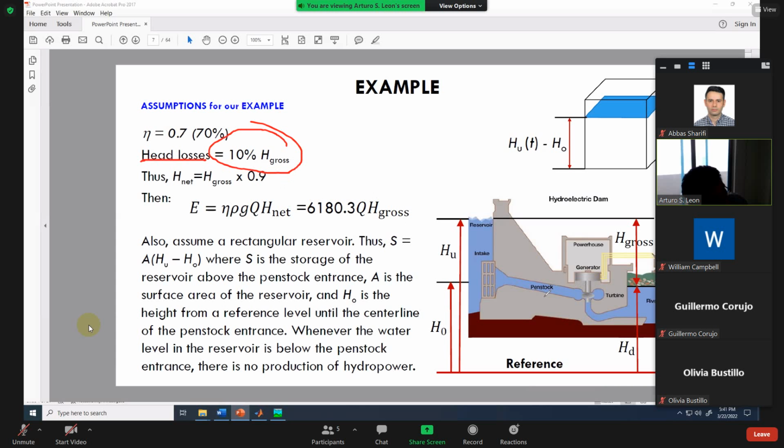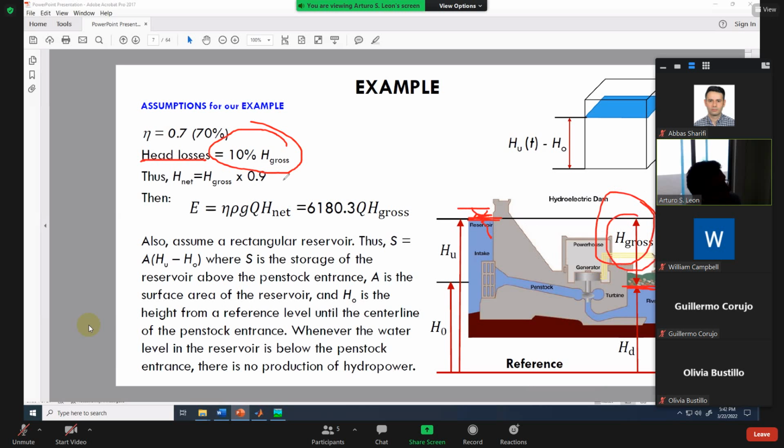The gross head is the difference of head between the upstream water level and the downstream water level. If you have a dam, and the downstream water level is this, and the upstream water level is this, the difference is the gross head.